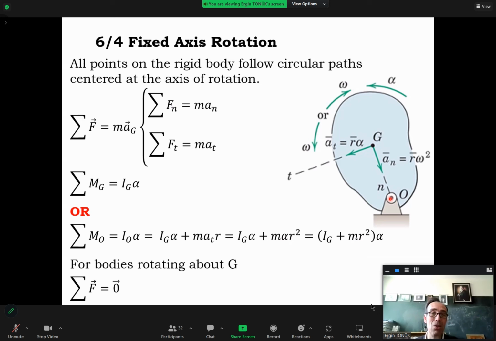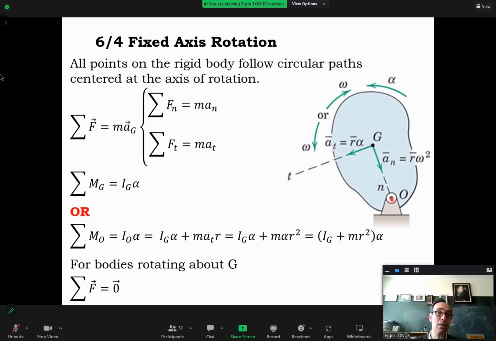In machines, mostly, we don't like such things. So what we try to do is, for example, for the wheels of the cars, you try to bring this G to O so that you can drive the car smoothly and there won't be any shaking reactions at this point, which is the axis of the wheel. Okay? In that case, sum of the forces would be zero because if G is here, it has no acceleration.